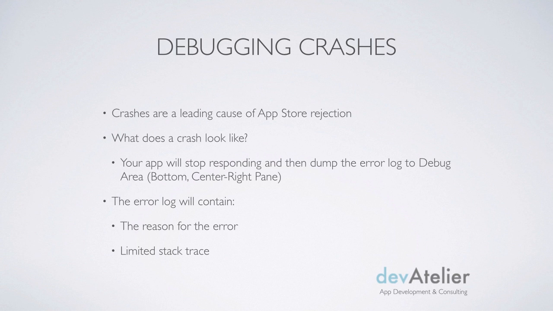Cool. So debugging crashes. Part of the reason people get scared by Objective-C is that Objective-C was developed at the same time as C++, but in parallel. I actually did C++ way before I did Objective-C, and then I did Java.